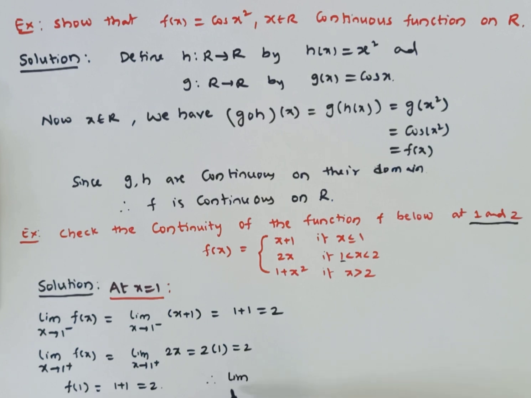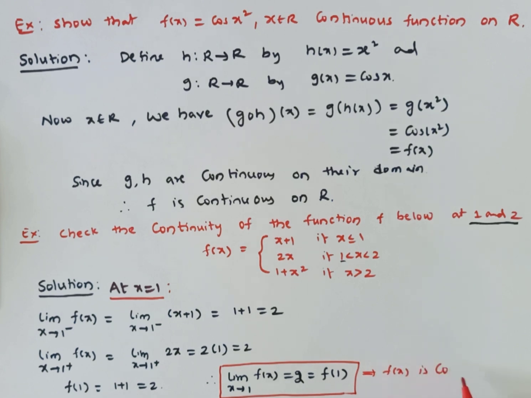Therefore the limit as x tends to 1 of f of x exists, that is 2, which is equal to f of 1. So at that particular point the limit exists and the function value is also equal. Therefore f of x is continuous at x equals 1.